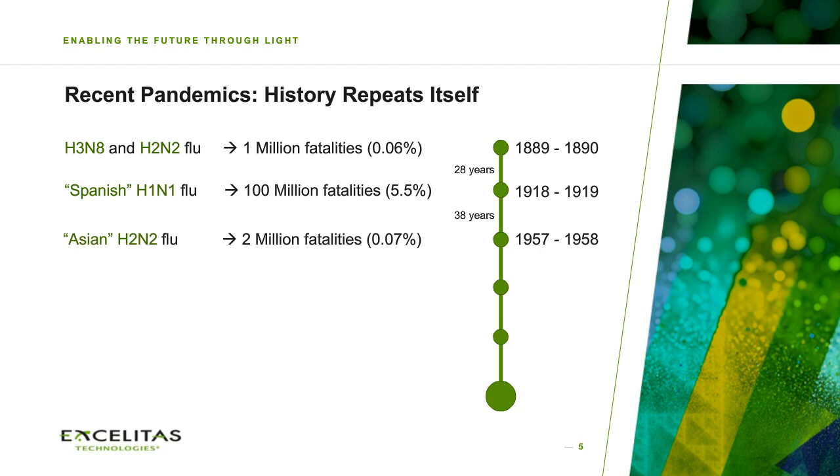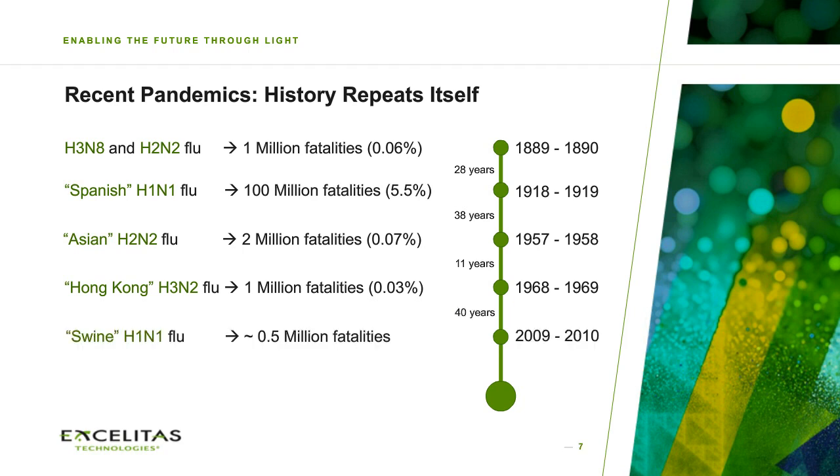38 years later, again, an Asian flu, H2N2, 2 million fatalities. Sounds more like the first one, still not much more because the population is growing, so 0.07%. Hong Kong flu was very broadly discussed in the media because it was already in 1968, 1969, so people became more informed, and 1 million fatalities was quite severe with 0.03% death.